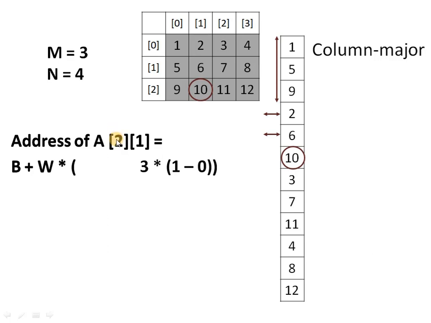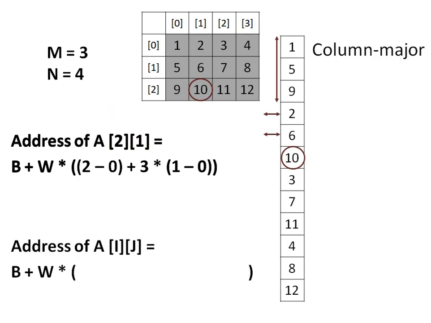Therefore, we will finally add 2 minus 0 to this term, where 0 is again used for the lower bound for rows, which is not given here. So again, this is a specific case. We will generalize this now.